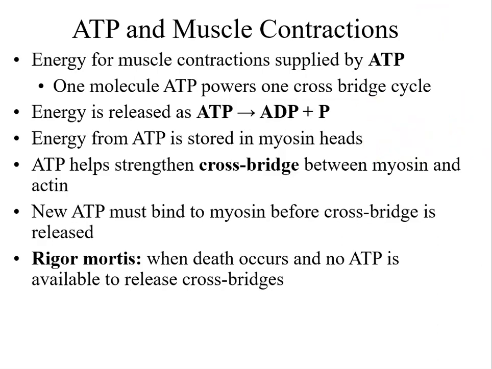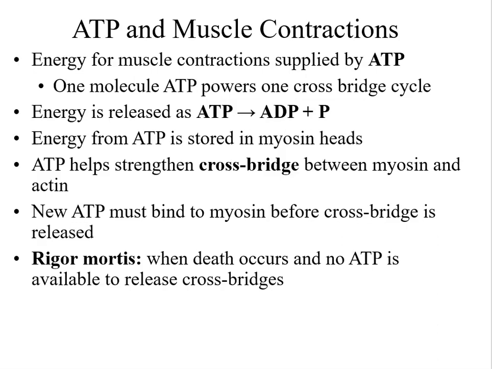Myosin is able to hydrolyze ATP, and when it does, it stores the energy within the myosin head. The ATP will remain attached during much of the cross-bridge cycle, helping to strengthen that bond between myosin and actin.